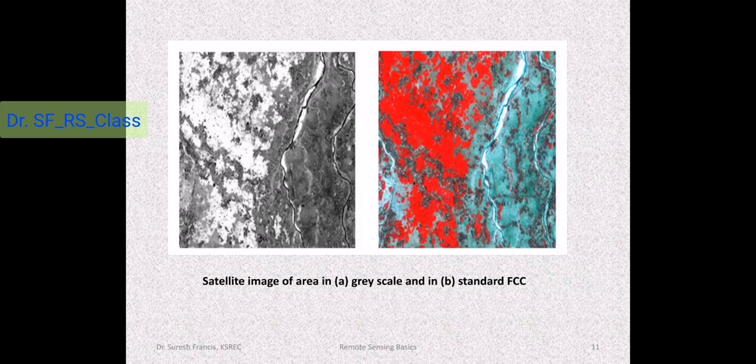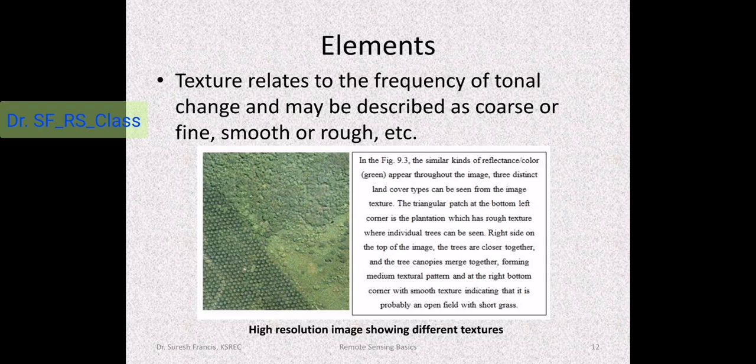You can see fallow regions, vegetated area, river flowing, and water body. All these things can be identified at first look itself, and if you go for smaller units, you will be able to interpret the whole land use from the image. The difference between panchromatic and multispectral can be observed from the images shown here.